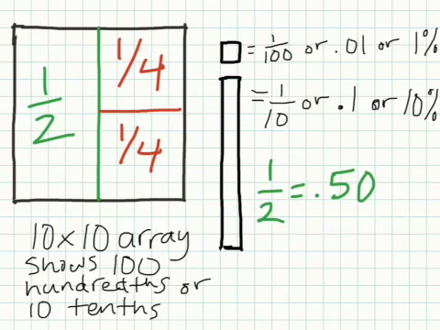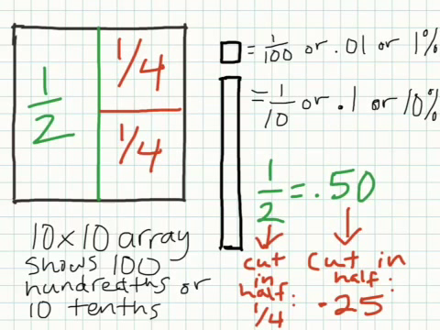And a 1/4 is a half of a half. Could we cut this half in half and get our decimal equivalent for 1/4? Well, absolutely. Check it out. If we cut the fraction in half, we get 1/4.